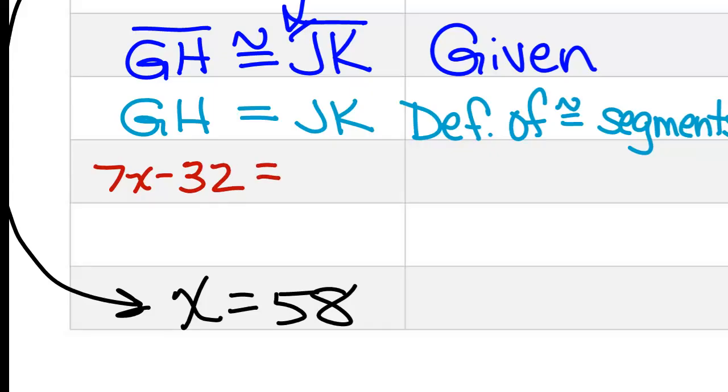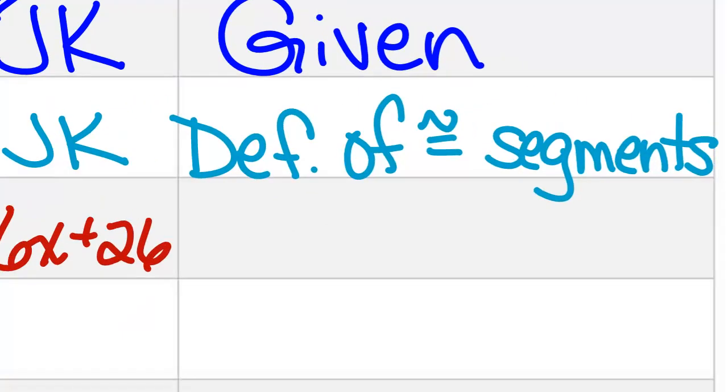What did I just do? I took this out and put this in. Substitution. Is there anything that I can put in the place of JK? 6x plus 26. We just did substitution 2 times. So the reason I can do both of those is the same reasoning here, substitution property.